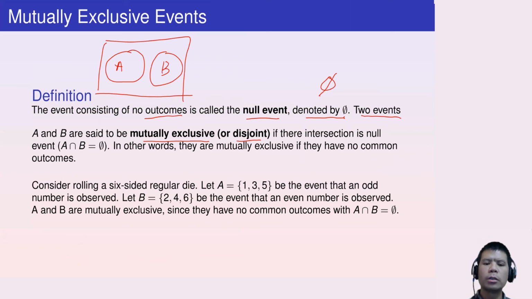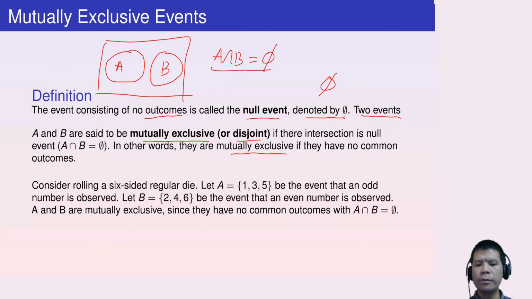In other words, the intersection is empty. There's nothing in their common part. They have no common values. So in this case, their intersection is the null event. Now we say A and B are mutually exclusive. They are disjoint.